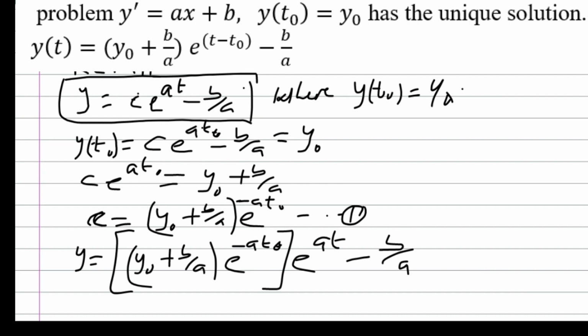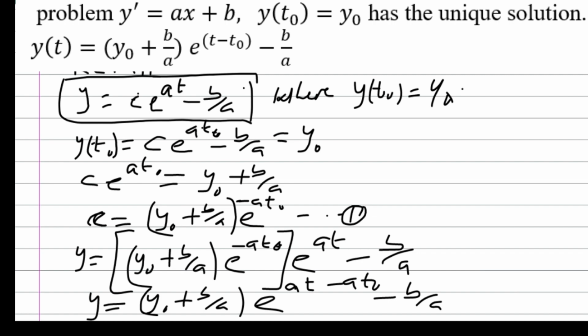Now I send in the e exponent, so I now have y equal to y naught plus b over a, e exponent a t minus a t naught, minus b over a. Finally, my y will be equal to y naught plus b over a, e exponent.